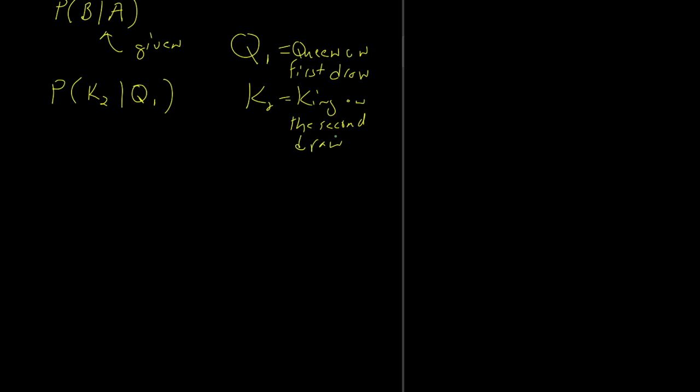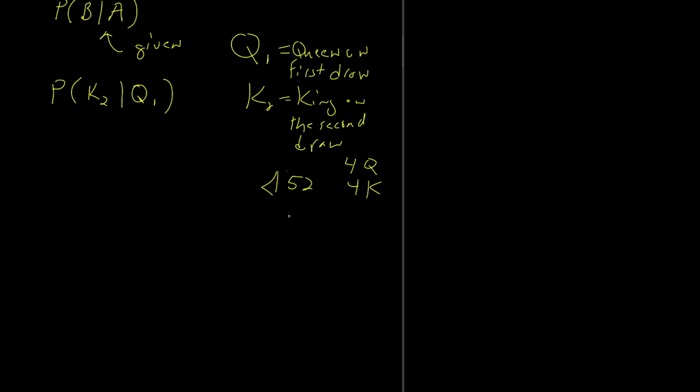And so conditional probability, well, let's see. There are 52 cards, and there are 4 queens and 4 kings. So when I draw the first card, there's only 51 cards left in the deck. And the assumption with cards is that you don't put the cards back in the deck.